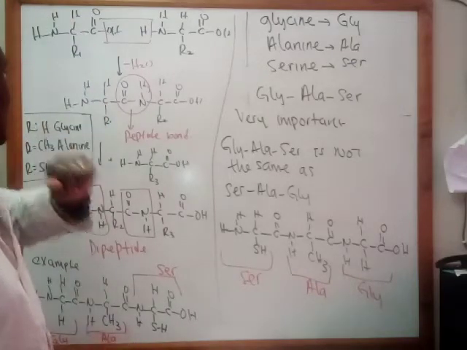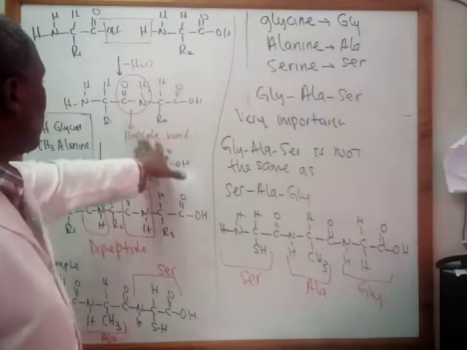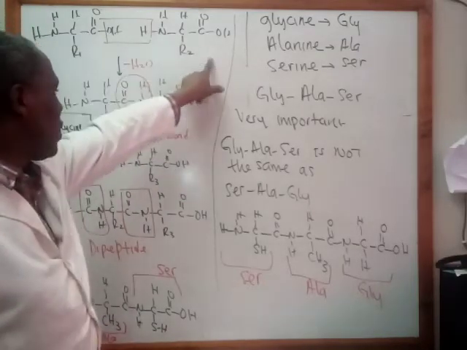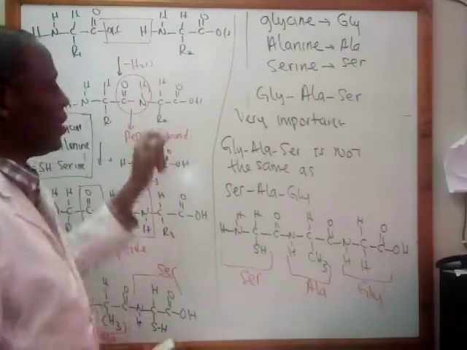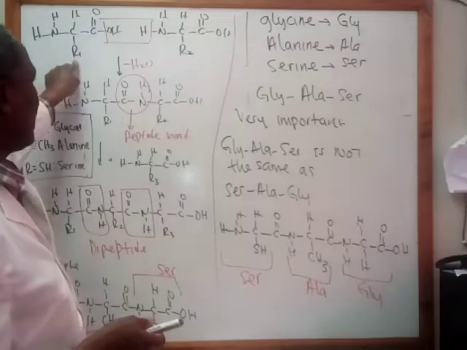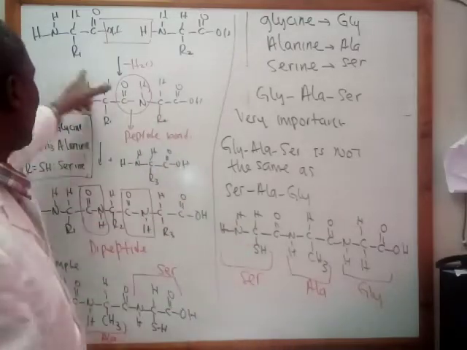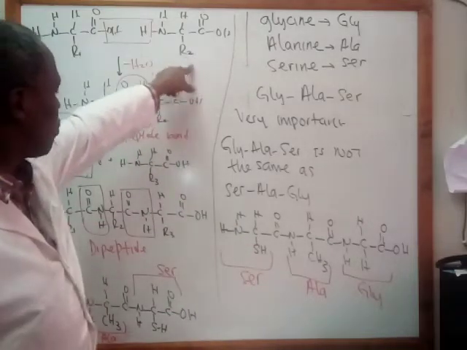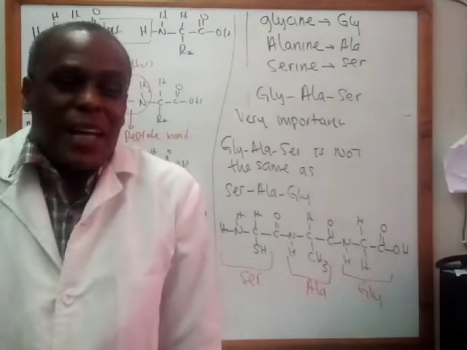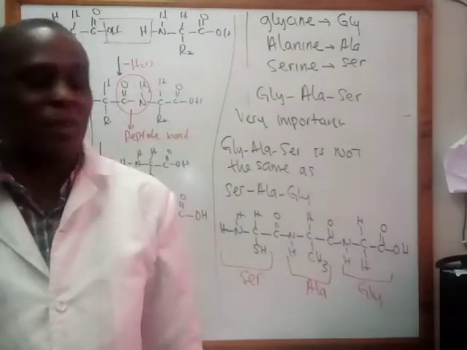Now, in this case, what I've shown is that there is this first amino acid and the second amino acid that have been joined together to form a peptide bond. The only thing which is changing here is R. There is R1, R2, and then R3. You can get a case whereby R1 is the same as R2 is the same as R3.